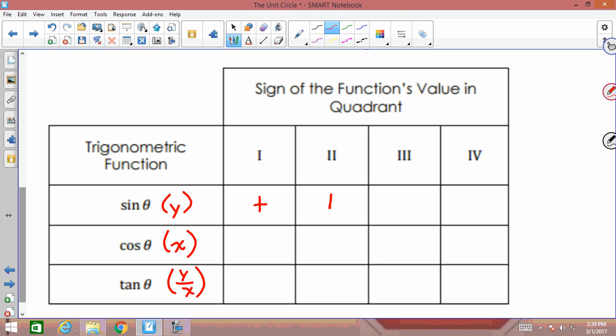Quadrant 2, it stays positive. Quadrant 3 is negative. Quadrant 4 is negative. The cosine, the x value, is always positive in quadrant 1, negative in quadrant 2, negative in quadrant 3, and positive in quadrant 4. And since they're both positive, that's positive. Since one of them is negative, it's negative. Positive and negative for tangent.